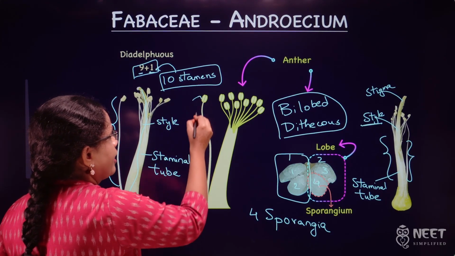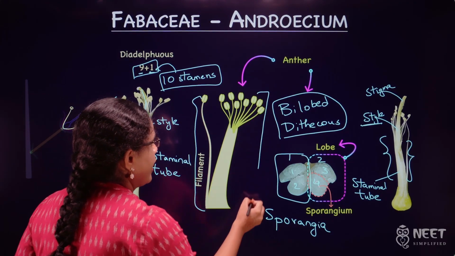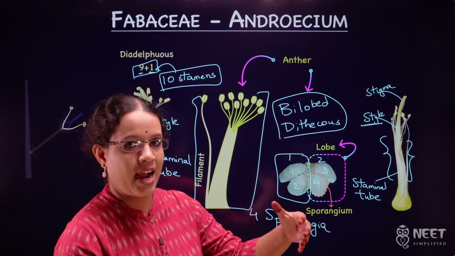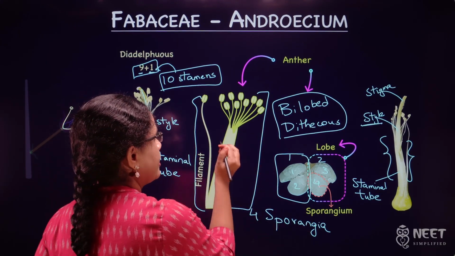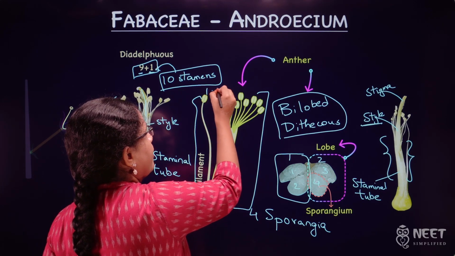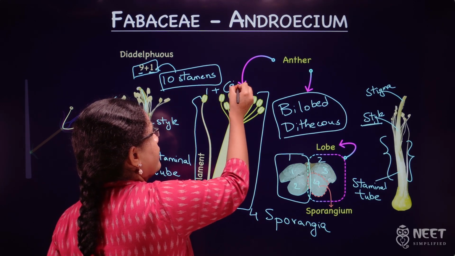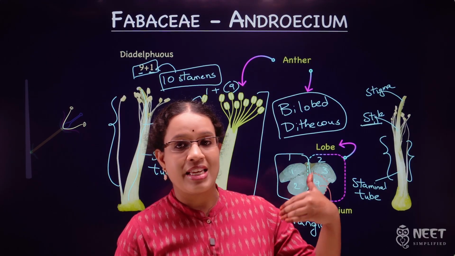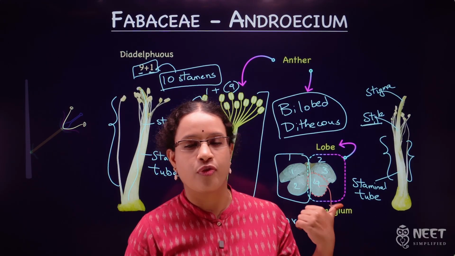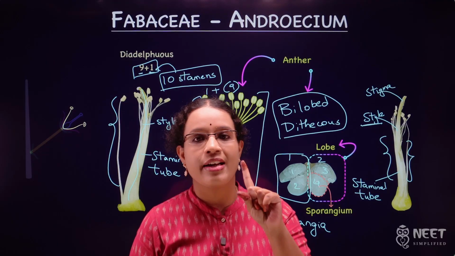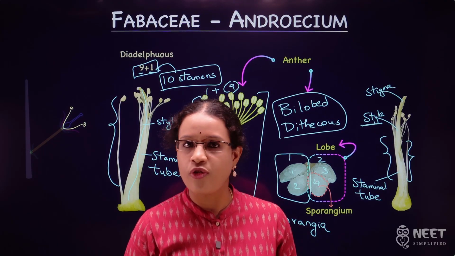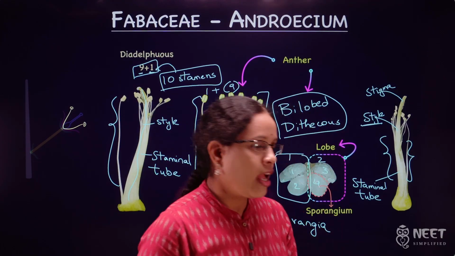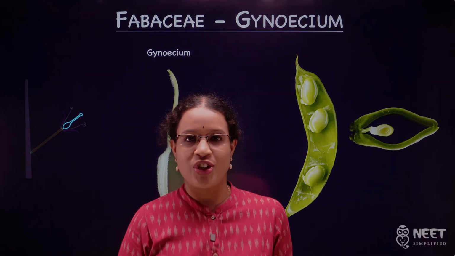Now this is our hand-drawn diagram where we have removed the pistil part and you're only seeing the stamens of 1 plus 9 arrangement, the diadelphous condition. So we have dithecous bilobed anthers with 4 sporangia and diadelphous stamens in case of Papilionaceae. Now moving ahead to the gynoecium.